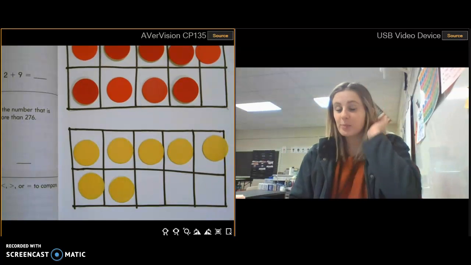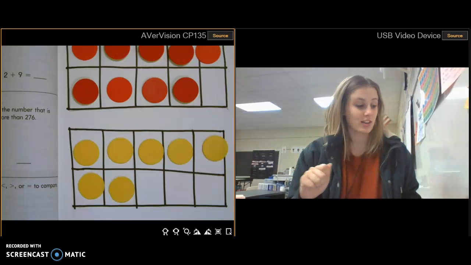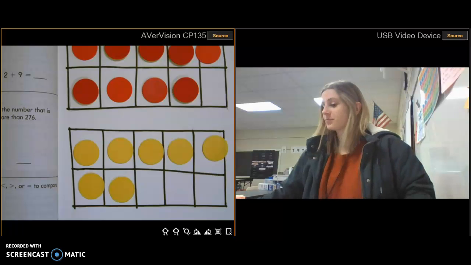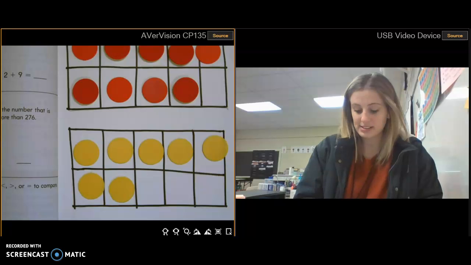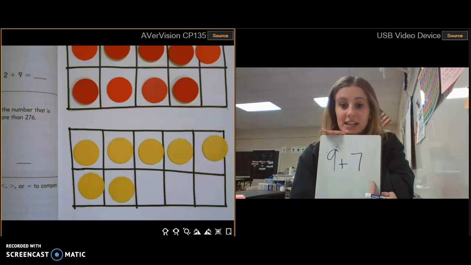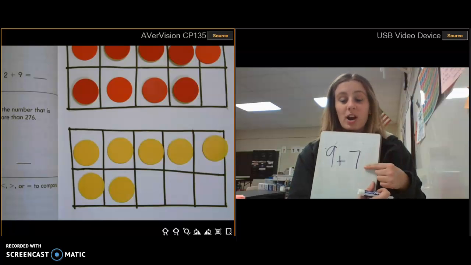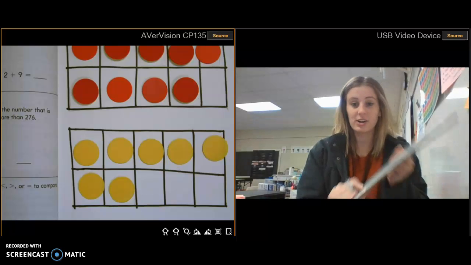But I still have a place left over right here, right? And this is where breaking apart our other addend comes in. I'm going to write it on my board as well: if I have 9 plus 7, what plus 9 equals 10? 1, right? So can we break apart our 7 into a part that has 1 and another number?